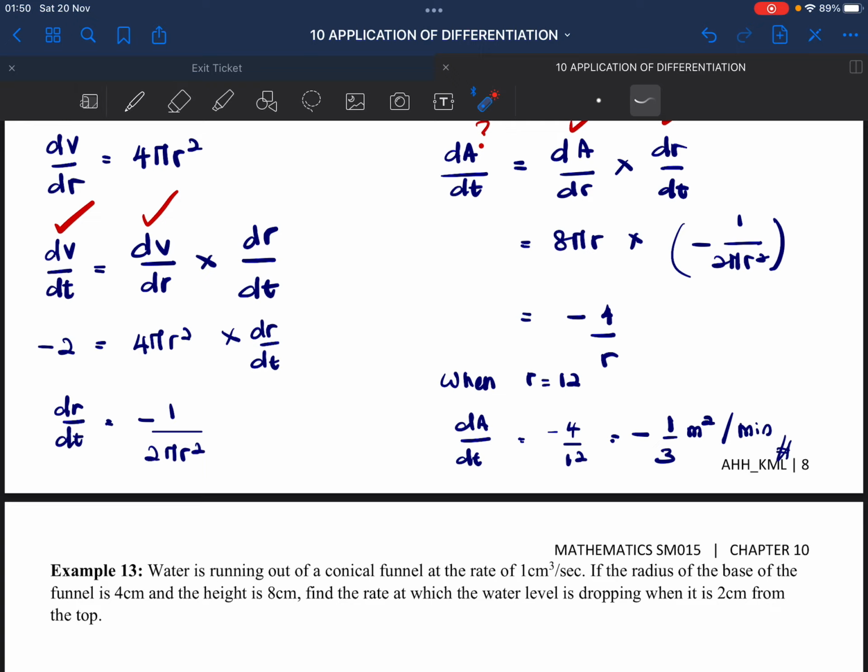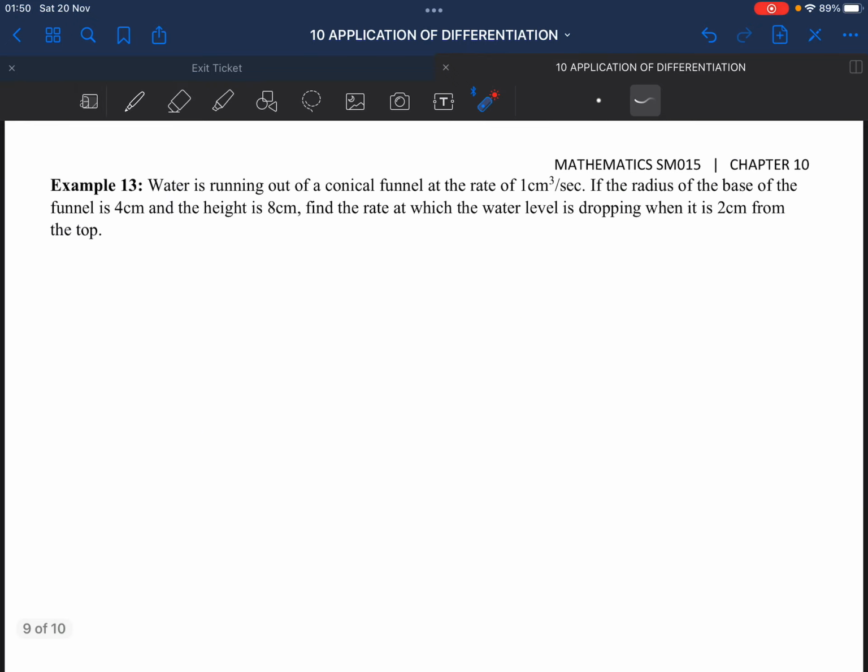Alright, so now moving on to example 13. The question said, water is running out of a conical funnel at the rate of 1 centimeter cube per second. Okay, let's draw a conical funnel. So we have a cone here. Water is running out.